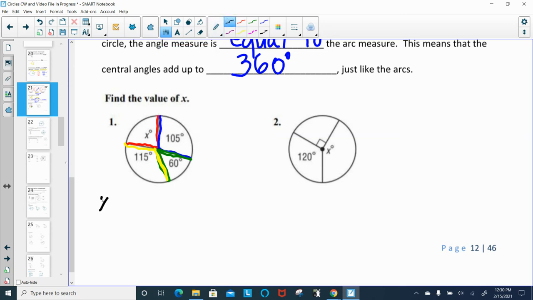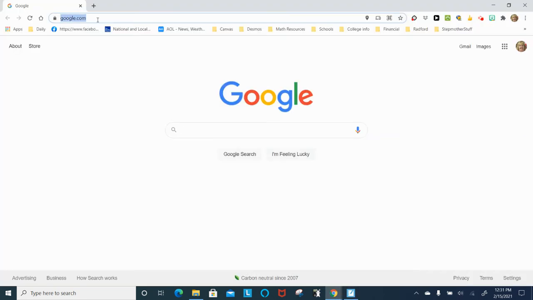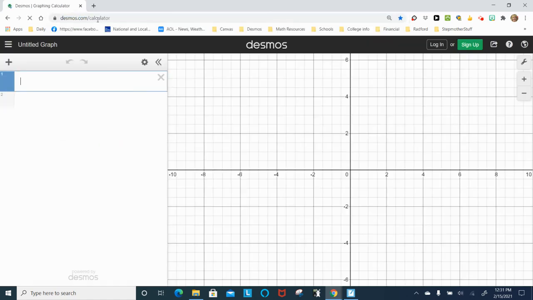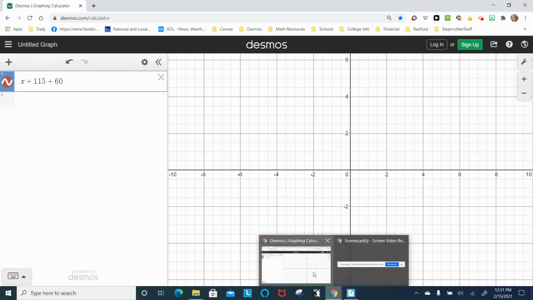So we can write a formula that adds them up to 360. And then we can go over to the Desmos calculator. Numbers, we have 105, 115, and 60.